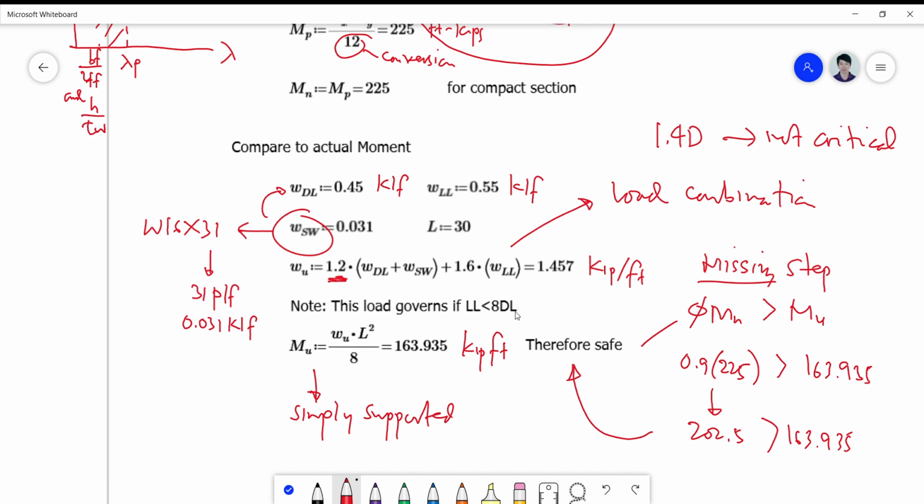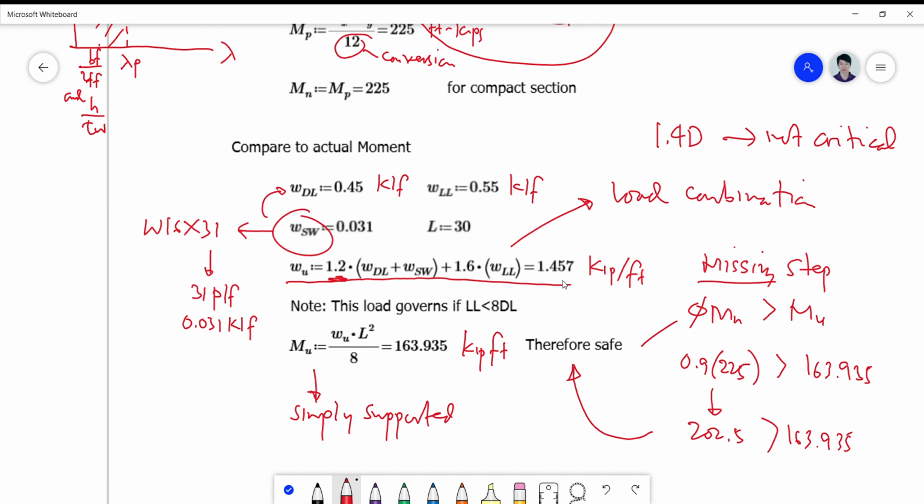Okay? So wag ka na mag-compute kung yung live load mo is less than 8 times the dead load. Always use this load combination. Of course, if the wind load and the earthquake load are given, you have to consider the combination involving the earthquake and the wind load.